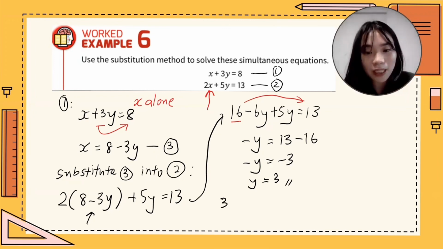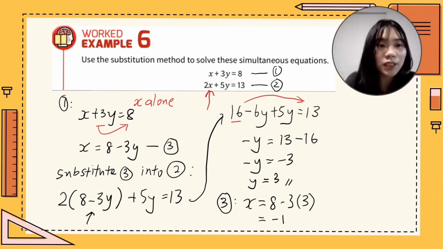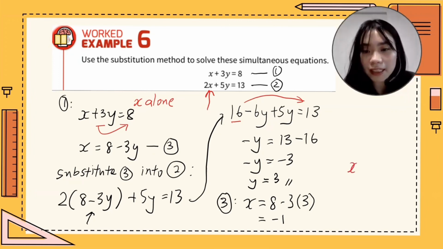By using the third equation, I can say that x equals 8 minus 3y, which will give me negative 1. So my solution would be that x equals negative 1 and y equals 3.